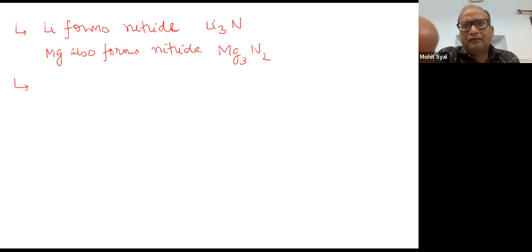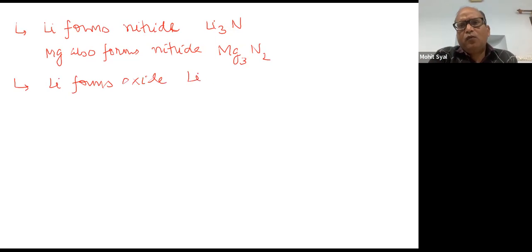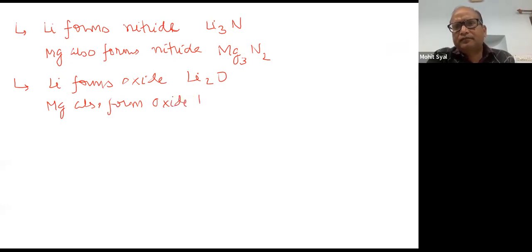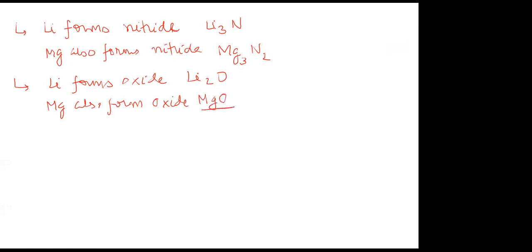Lithium forms oxide, Li2O. Oxide is one atom having -2 charge. Similarly, magnesium also forms oxide. And what is the formula of magnesium oxide? Fatima, it is MgO, right?